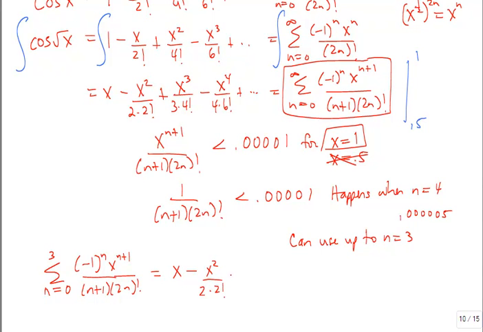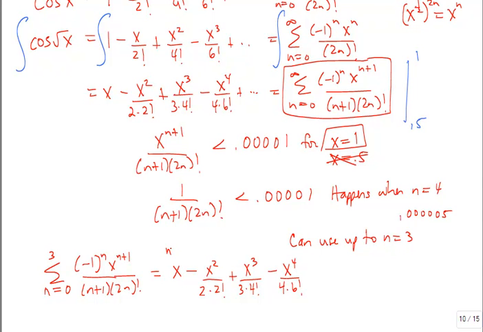When n is 2, we're back to being positive again, and we're going to get an x cubed on top, and a 2 plus 1, or 3, times a 2 times 2, or 4 factorial. And finally, when n is 3, we're back to being minus, and this is going to be an x to the 4th over 4 times 6 factorial.